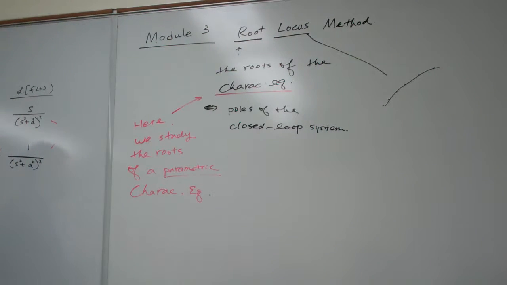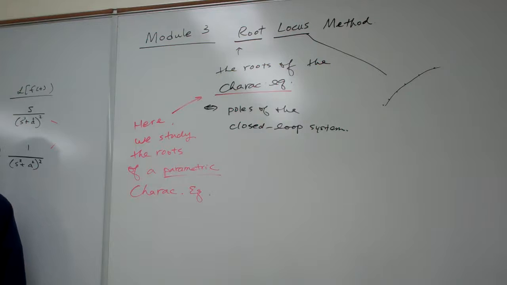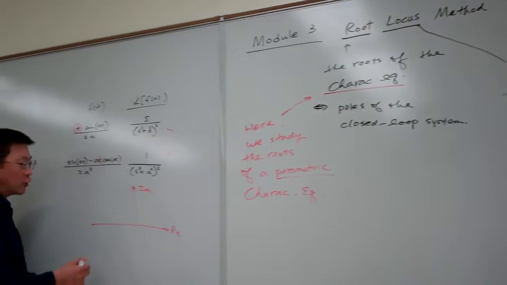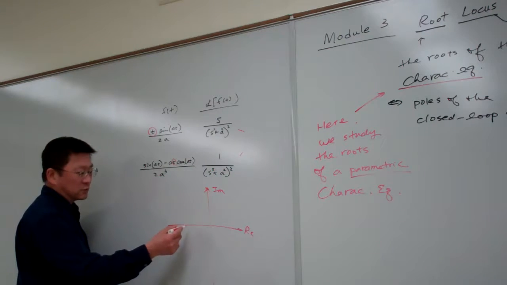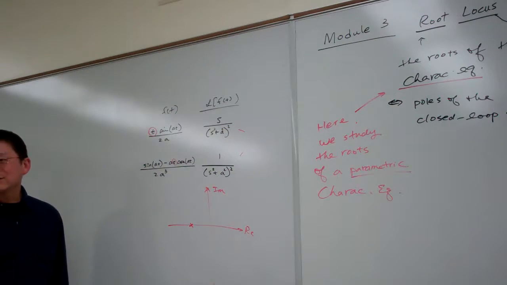So we study the characteristic equation that contains one parameter. Once we change this parameter, we want to know how the roots will be changed. And why do we want to know? Because in previous sections, we realized that in the complex plane, by telling the location of the roots, we can tell the stability of the system, right?